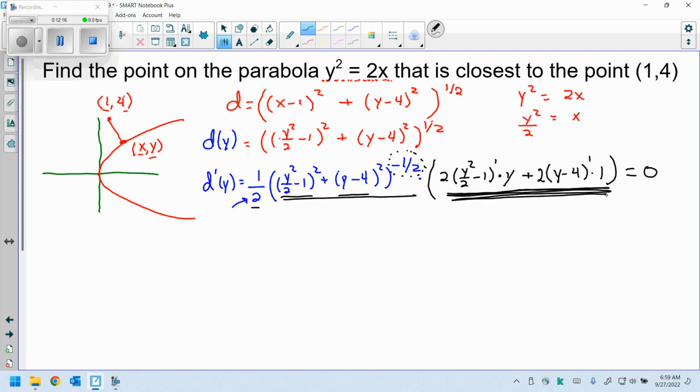So if I were to multiply this out, I have y squared times this y, or y cubed, minus 2 times y, plus 2y minus 8 is equal to 0.